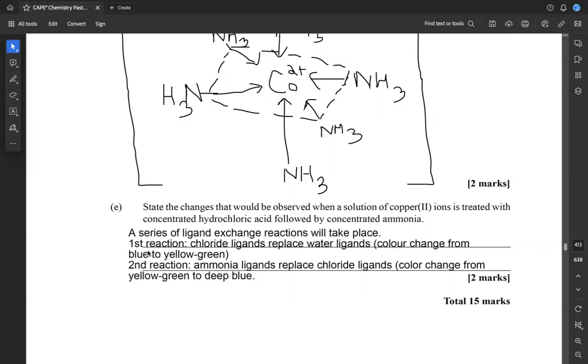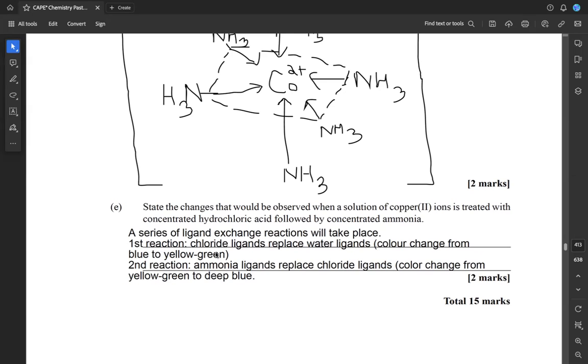For the first reaction, we're adding concentrated HCl to the solution of copper. So from the HCl, we're going to get chloride ligands, and those are going to replace the water ligands because this was in solution. So there were some water ligands there before. And then in that first case, we're going to see a color change from blue, right, to yellow-green.